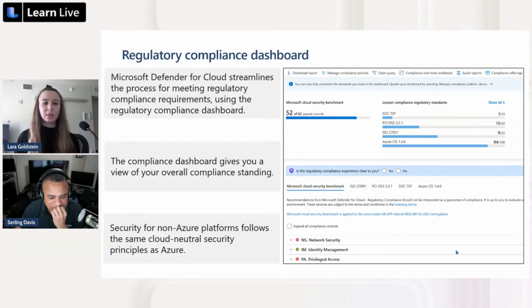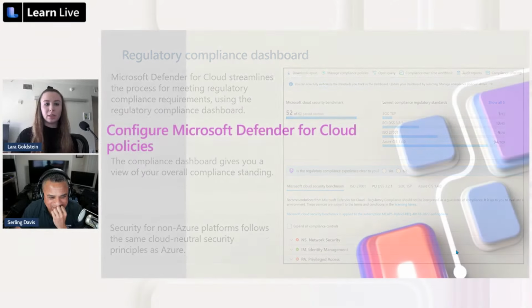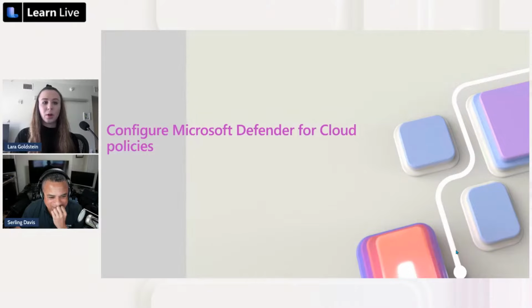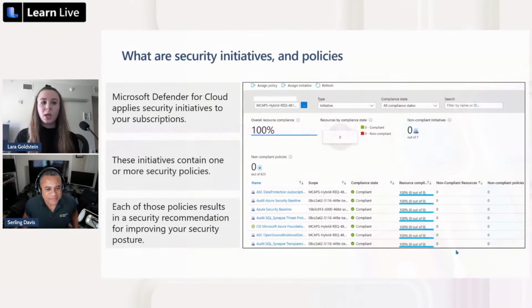So we'll switch gears and talk a little bit about security policies now. So with security policies, when we're thinking of Azure, the recommendations in Microsoft Cloud Security Benchmark all come from Azure policy definitions. Defender for Cloud automatically applies this initiative, and an initiative is a group of Azure policy definitions, and this gets applied to your onboarded subscriptions.